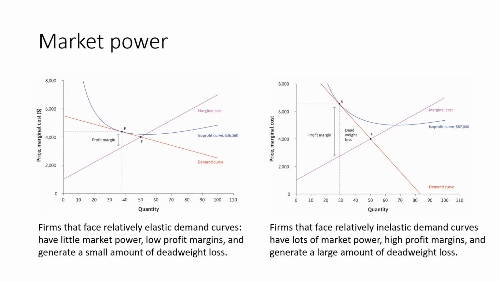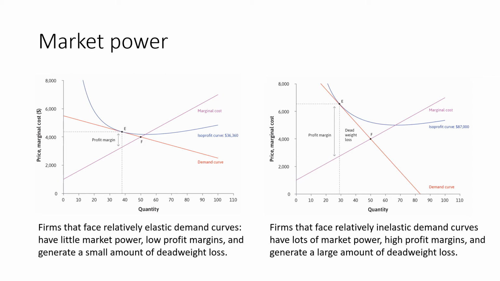And how are we seeing that the firms have relatively elastic or inelastic demand curves? Here on the left hand side, a more elastic demand curve means the demand curve is flatter, and a more inelastic demand curve means the demand curve is steeper.